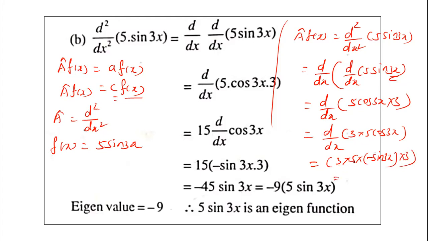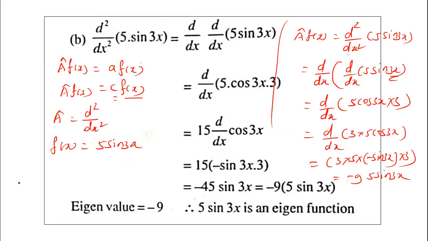Now 3 multiplied by 3 is 9. So this is minus 9 times 5 sine 3x. This is our final answer.